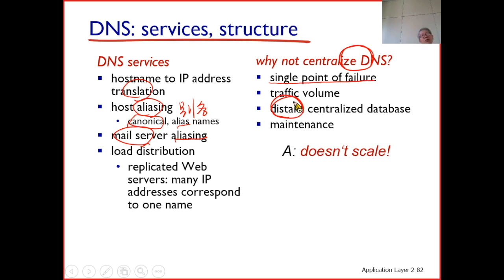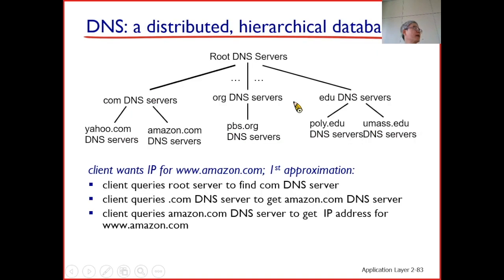That says we don't have good scalability. Because of the scalability problem, we don't want to use the centralized one. So finally, we have a distributed one, and also a hierarchical database. So it's a distributed hierarchical database.